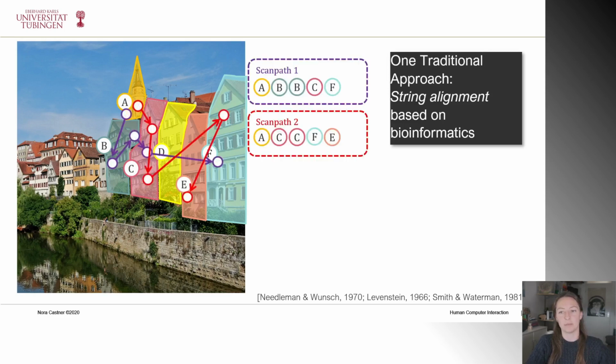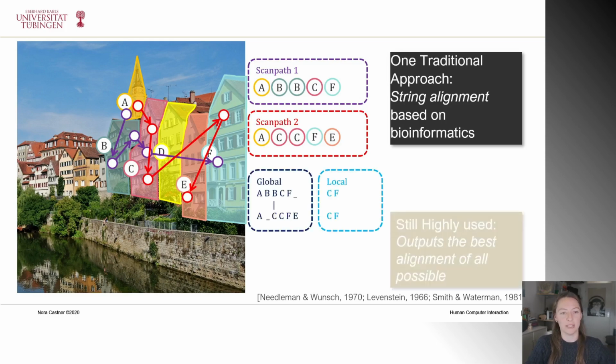A scan path is mapped to AOIs, which encodes it to a character sequence. Sequences can either be globally aligned, for example, by using the Needleman-Wunsch algorithm, or locally aligned, by using, for example, the Smith-Waterman algorithm. Both return a similarity score based on how little the sequences or subsequences need to be manipulated.